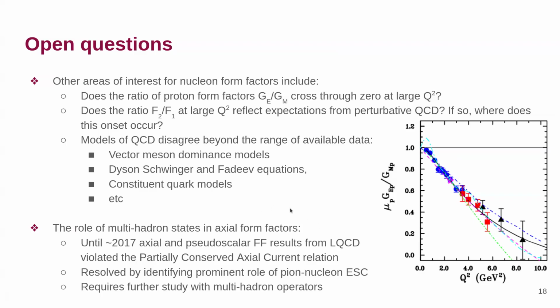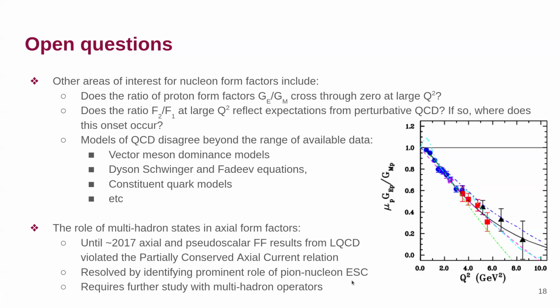And then just a final point, just on the actual form factors this time. For a long time, there was tension between the results from lattice and experiment, but it turned out that this can be resolved by being more careful in identifying excited state contamination, and in particular these pion-nucleon multihadron states that can play a dominant role in these processes.